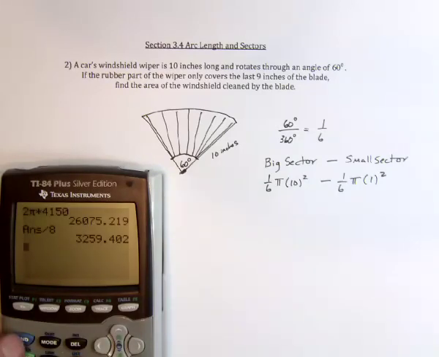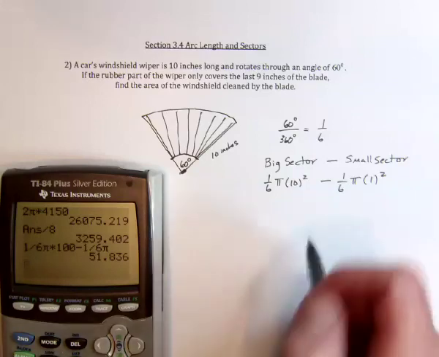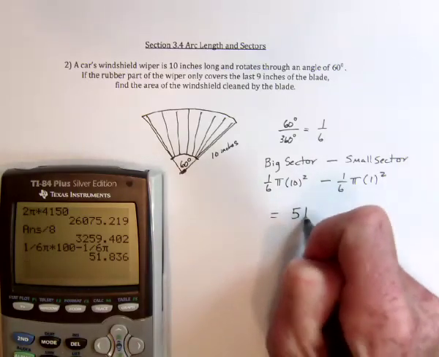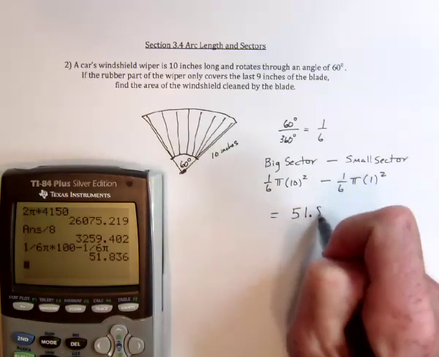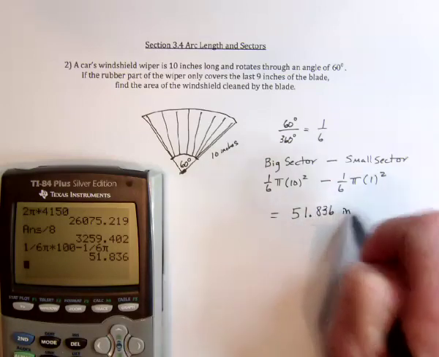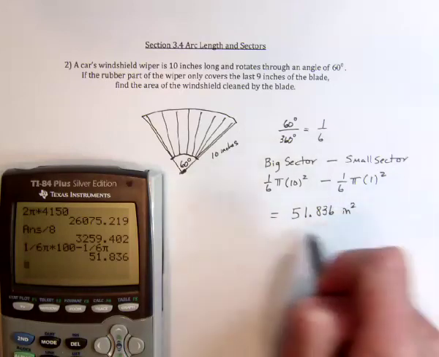So 1/6 pi times 100 minus 1/6 of pi times 1. So the total area is 51.836, and this was in inches, so we're talking about square inches.